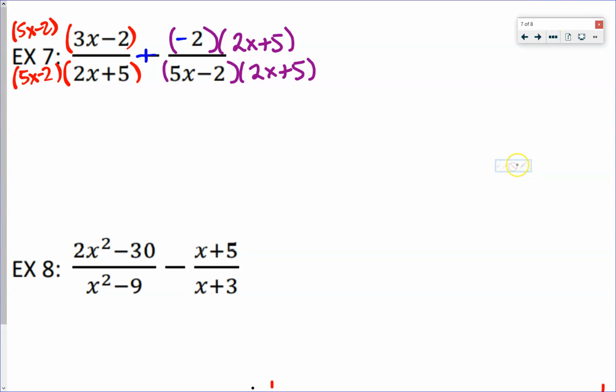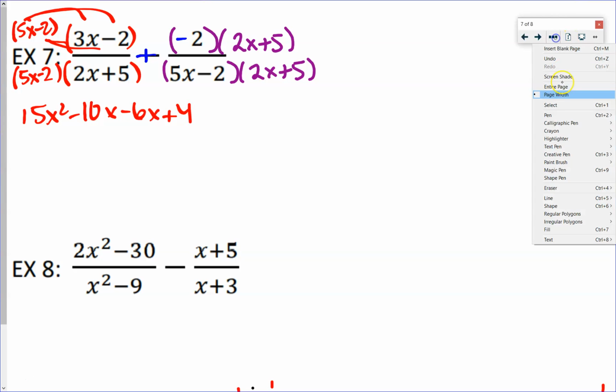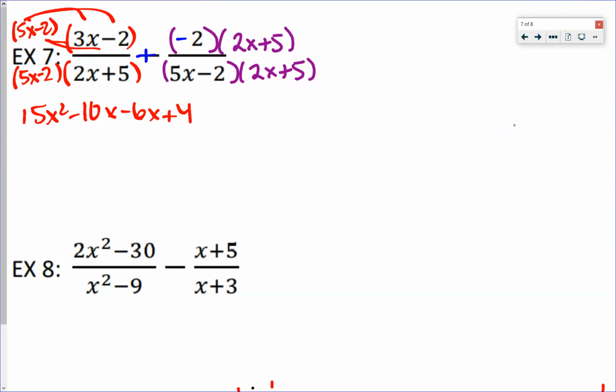I'm going to go ahead and simplify that numerator before I put it back over my denominator. My denominator is not going to change. So from here, let's see, it stays 15x squared. Negative 6 minus 4 is negative 10. And then 4 minus 10 gives me negative 6.